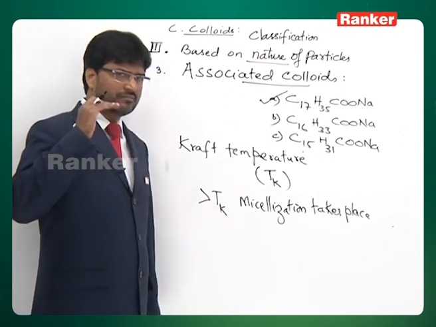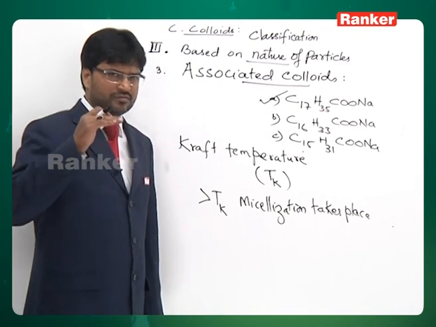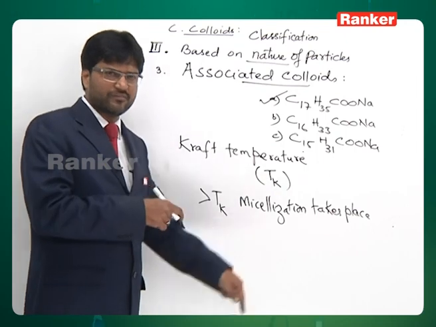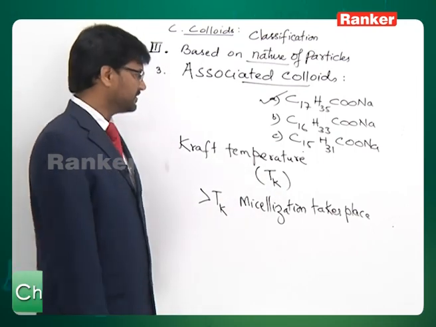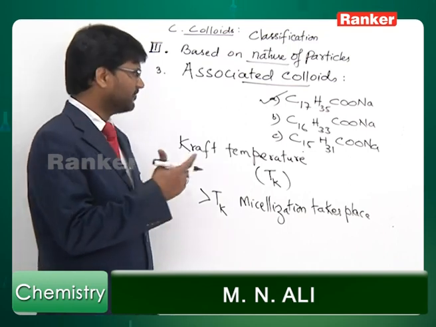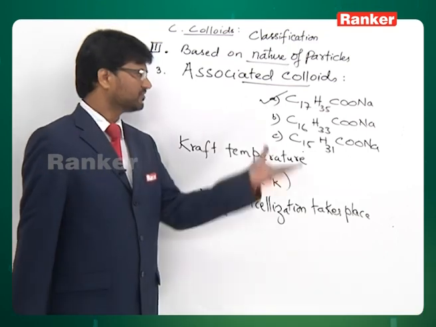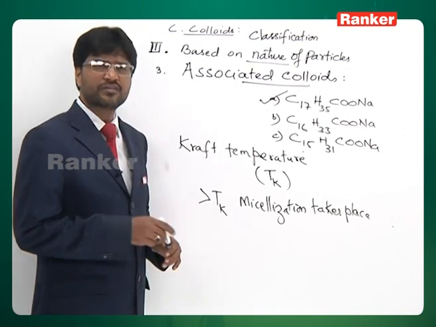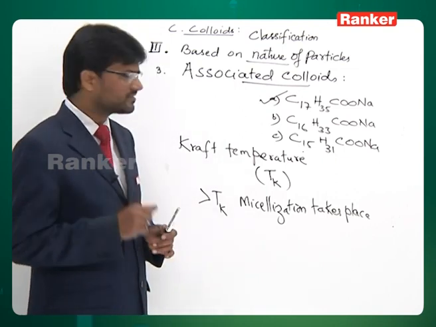Kraft temperature is the minimum temperature at which micellization can take place. Below Kraft temperature, micellization does not take place. This temperature is characteristic for different types of soaps and detergents. The temperature below which micellization cannot take place is called the Kraft temperature.